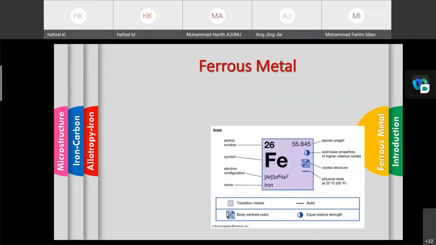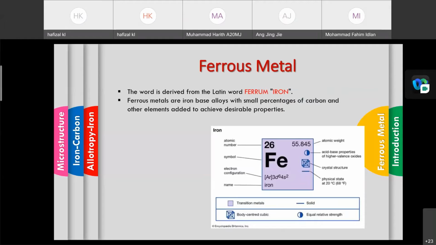So we will start to understand the information related to iron, which is ferrous metal. Some call it ferrous, some call it iron. In Malay, they call it besi. It is not interesting if we discuss pure ferrous, because pure ferrous is very soft.